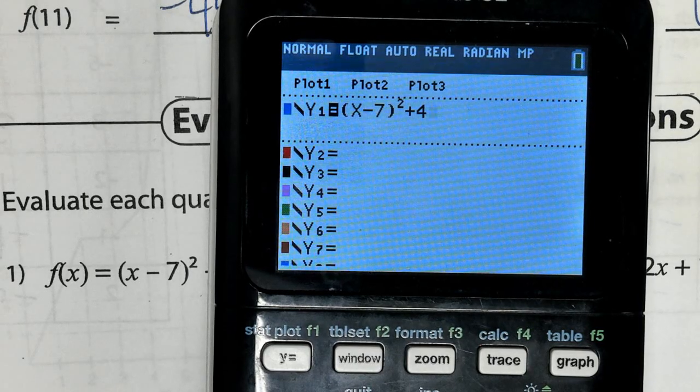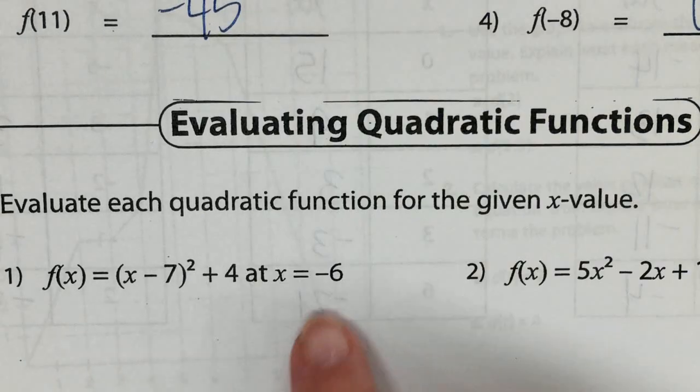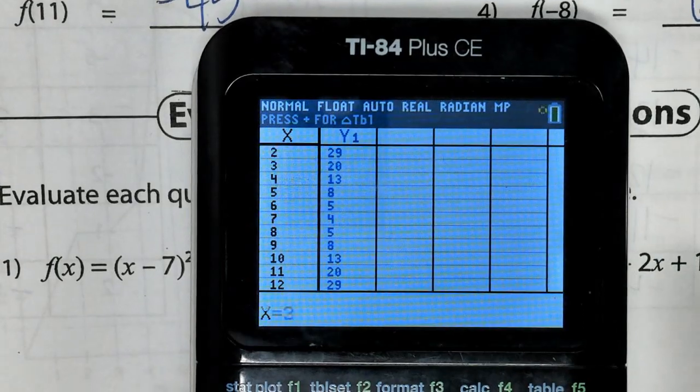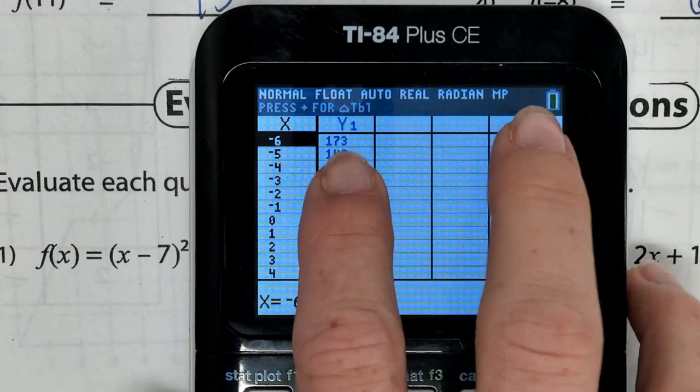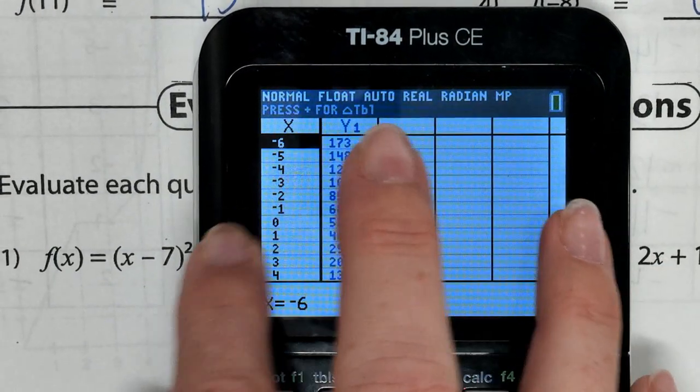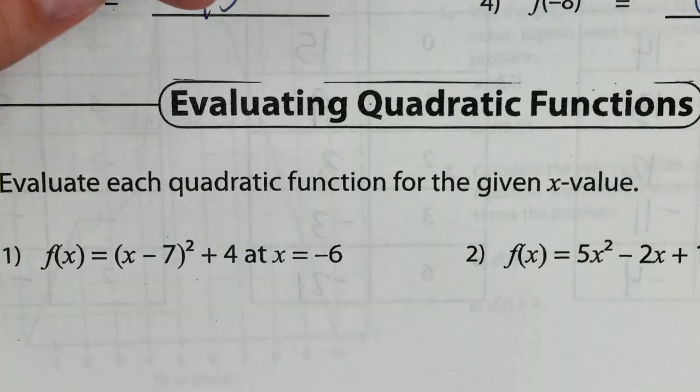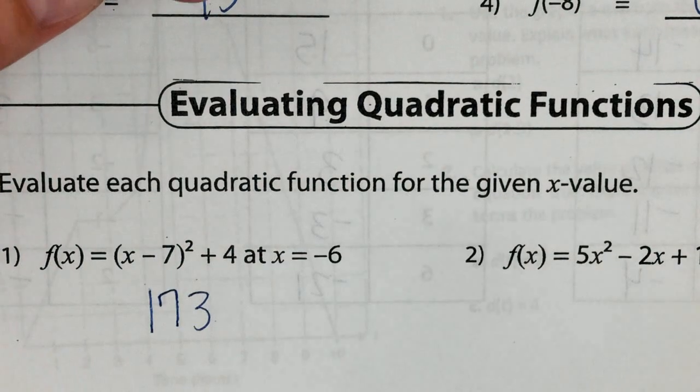Okay, everybody got it? So I'm going to go to the table, and I'm looking for when x is negative 6. And what is the value of y? 173. Okay, try this next one on your own.